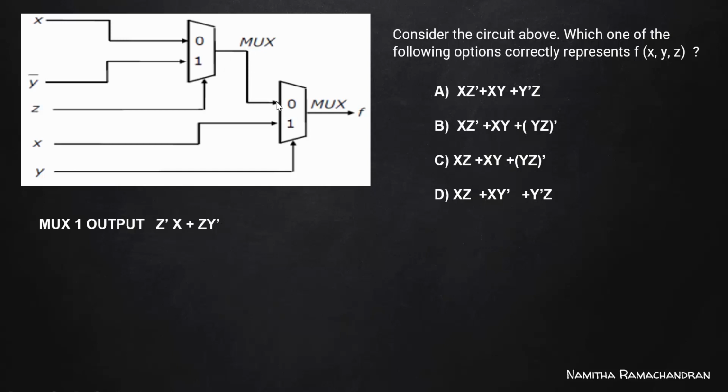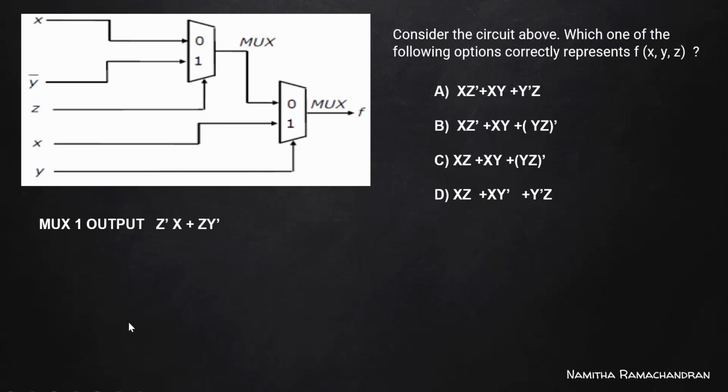This is taken as the 0th input of our second multiplexer. Based on the selection line Y of our second multiplexer, if Y equals 0, this is the output, and if Y equals 1, X is the output.